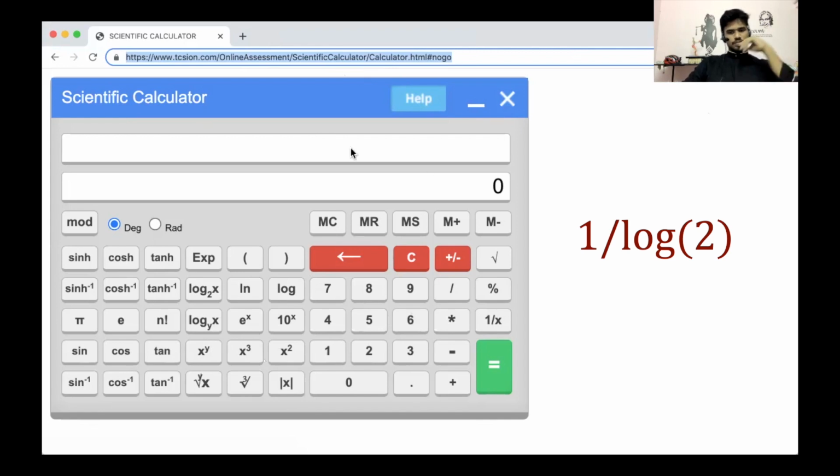One over log 2, 3.32. Right. Okay, 3 answers. So let's see. Let's get answers from as many as possible. Even if it's 3.32, if you get it from the GATE calculator, post it in the group.